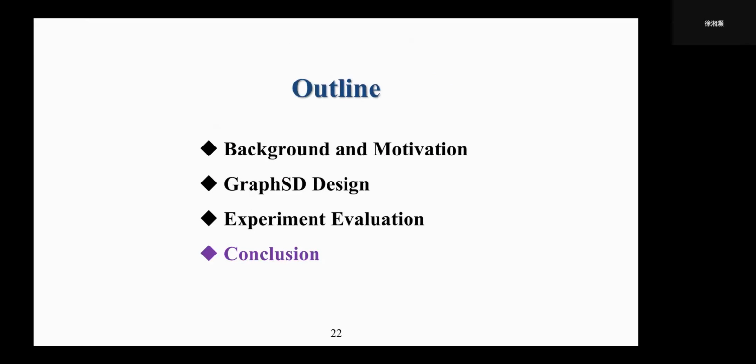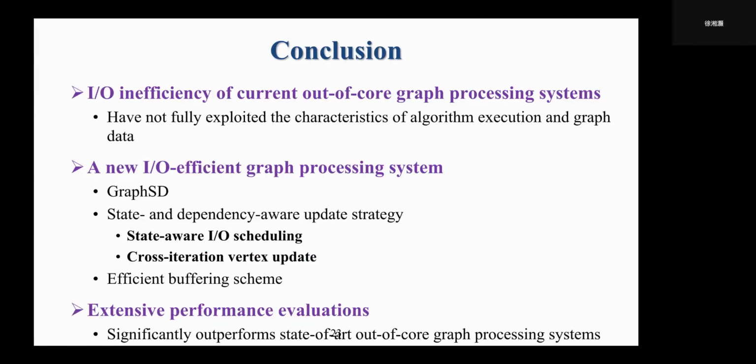In conclusion, the existing out-of-core graph processing systems have not fully exploited the features of algorithm execution and graph data, leading to suboptimal disk I/O performance. We propose a new out-of-core graph processing system, GraphSD, that greatly reduces the disk I/O overheads by simultaneously capturing the state and dependency of graph data during computation.